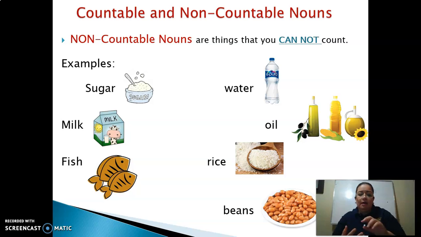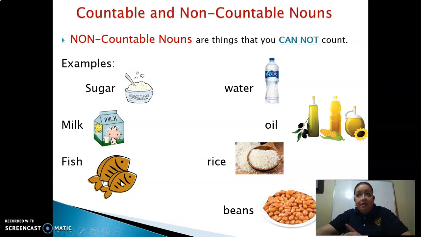For example, in here we have sugar. I haven't seen anybody counting the little grains of sugar. That would be crazy, maybe with a microscope or something like that. And then we have milk. We can count the liters of milk, but not the milk by itself. So milk is not countable.